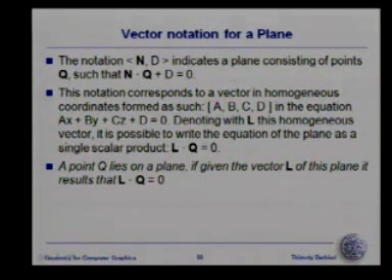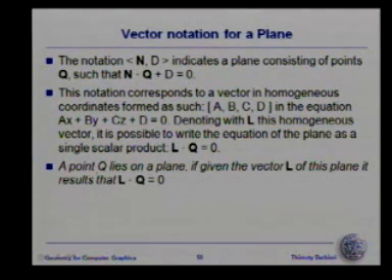Then you can write the equation of the plane, instead of using this addition, just like this, with the scalar product. L scalar Q equals 0, whereby L, I intend a special vector, which is made up of all the components, A, B, C, and D. A, B, C of the normal, and D of the coefficient.